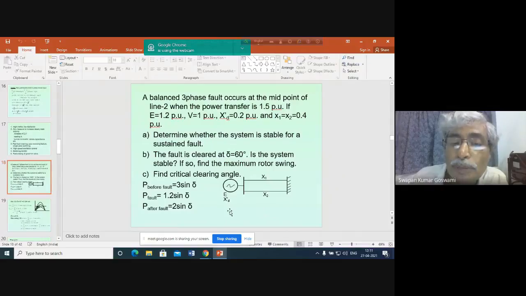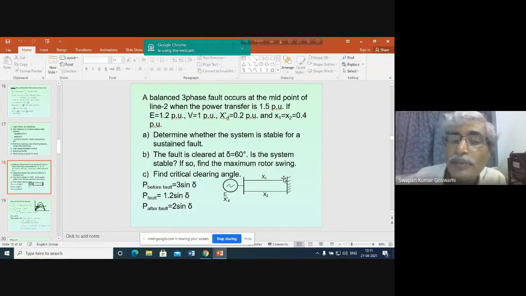The neutral is ground here. From the ground to the generator EMF, it is a potential difference of 1.2. So E is 1.2, along with a series reactance of 0.2.